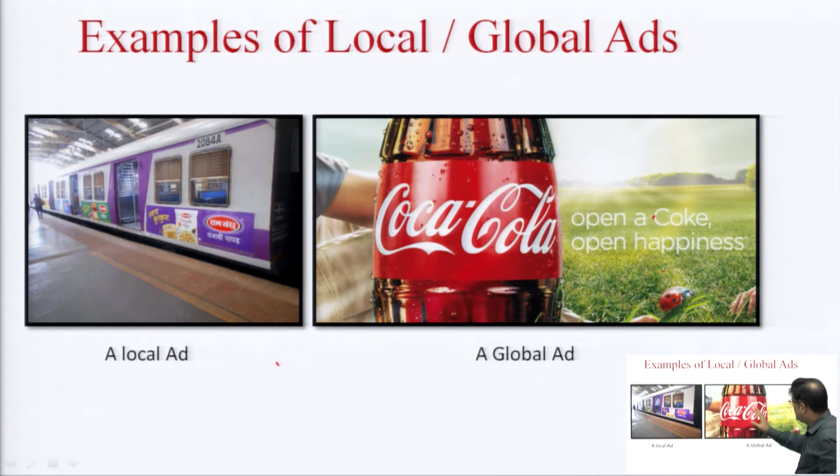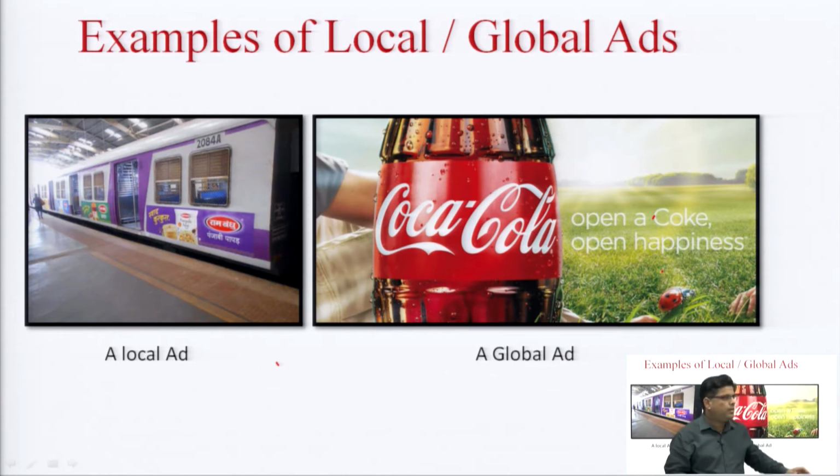So, we can see this advertisement is truly global in nature, because this is targeting an audience across all the countries, and this is talking about happiness which belongs to everybody. I mean, everybody wants to be happy. So, anybody and everybody who wants to be happy can go and open a can of Coca-Cola or a bottle of Coca-Cola and become happy.